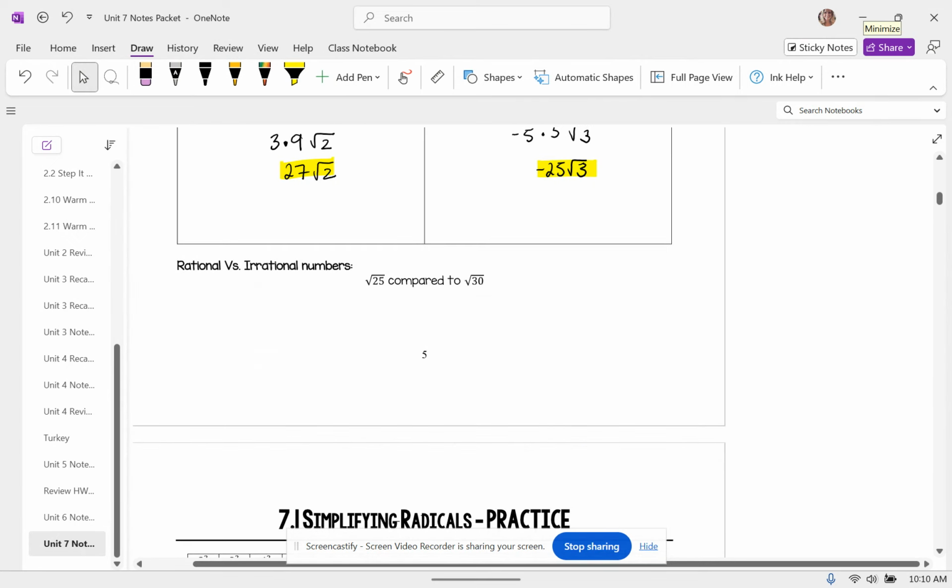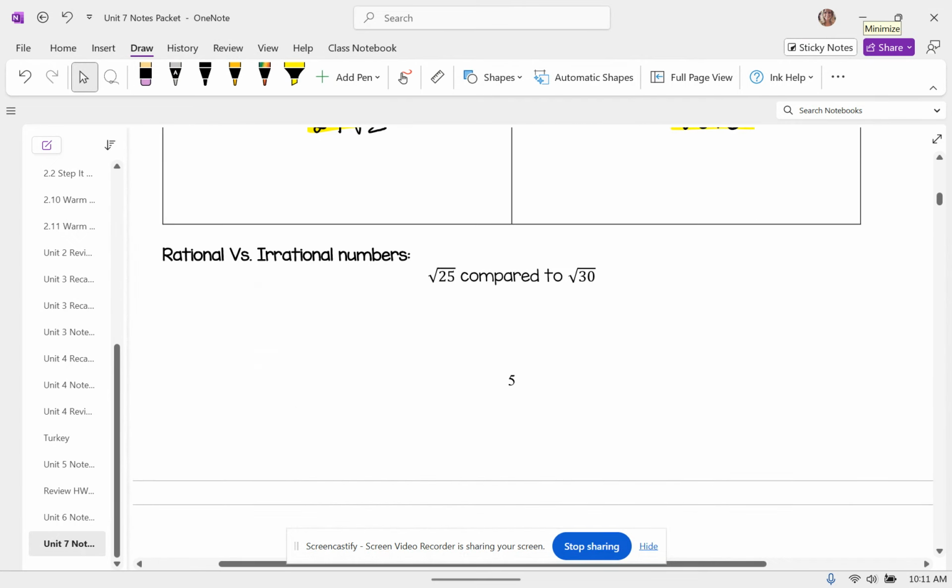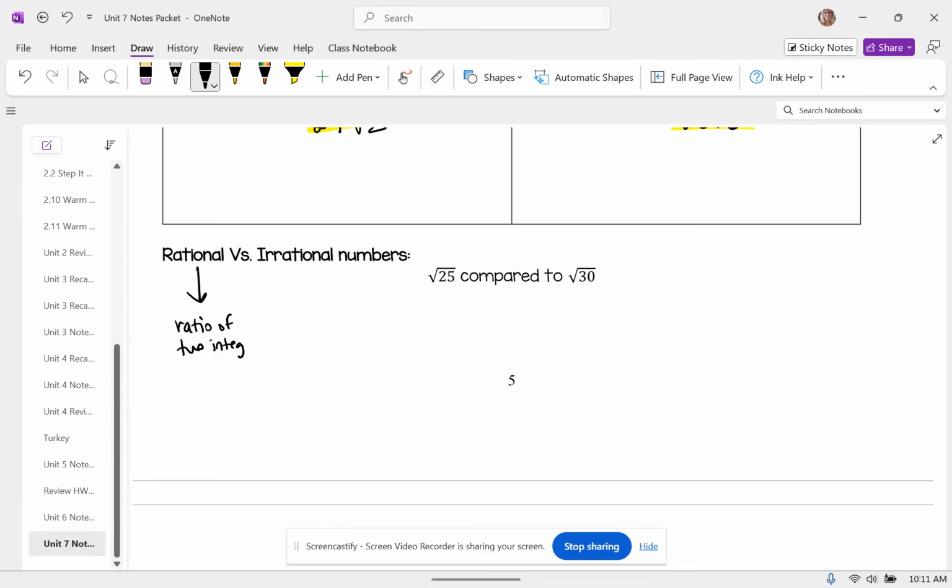All right. Last, rational versus irrational numbers. The square root of 25 compared to the square root of 30. Well, first let's talk about what a rational number is. A rational number is a number that can be written as a ratio of 2 integers. So if I have a nice number, say 10, I could write that as a ratio of 2 integers if I wanted.